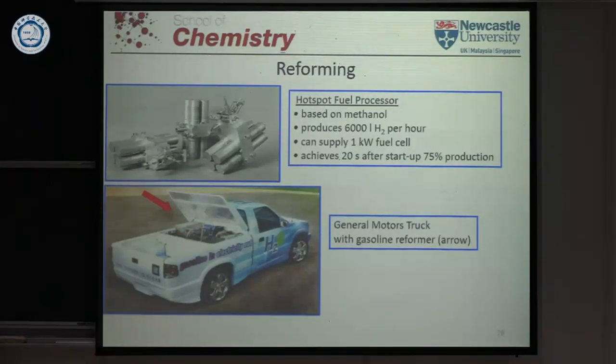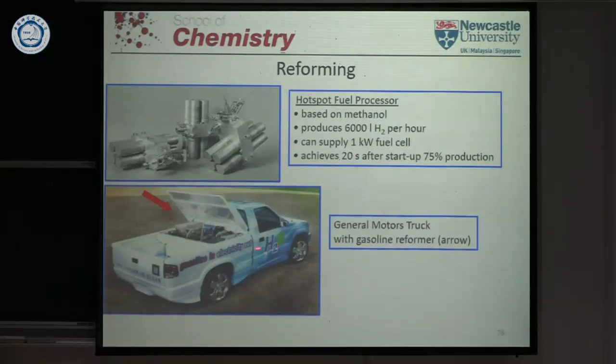And there are a number of examples. Here you see actually one example that's called hotspot fuel processor, based on methanol and can produce 6,000 liters hydrogen per hour, and you can supply a 1 kilowatt fuel cell with that. And you have startup times of about 20 seconds, which is quite reasonable.